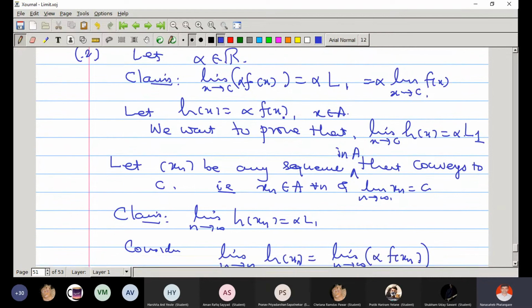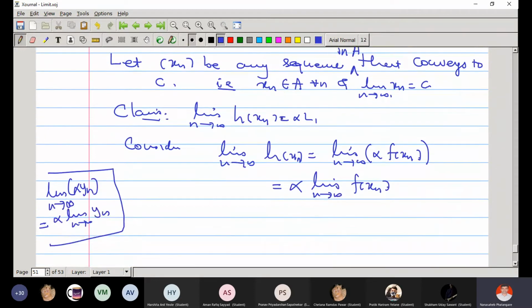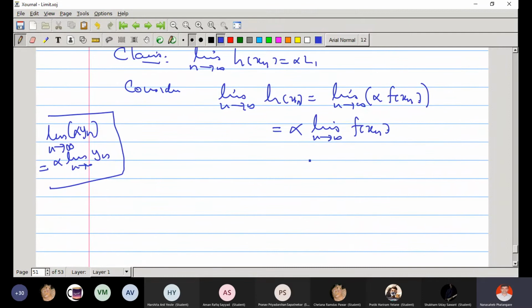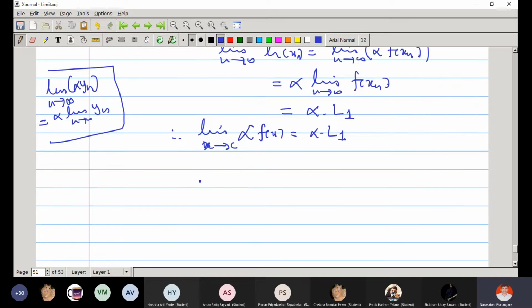Therefore, what is the limit of f(xn)? Since the limit of f at c exists and xn converges to c, this is L1, right? Therefore, the limit as x tends to c of alpha times f(x) is alpha times L1, because for any sequence this is going to happen.